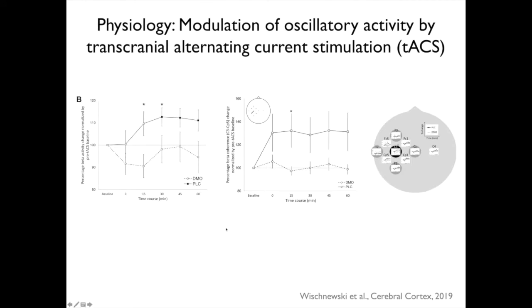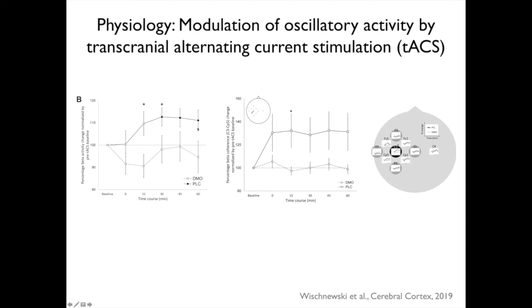And what he showed is that this stimulation resulted in an enhancement of oscillation in the beta frequency range with 20 Hertz, which was lasting for up to 60 minutes after the end of stimulation. Interestingly, when we applied dextromethorphan, so we blocked NMDA receptors, we didn't see this effect anymore.